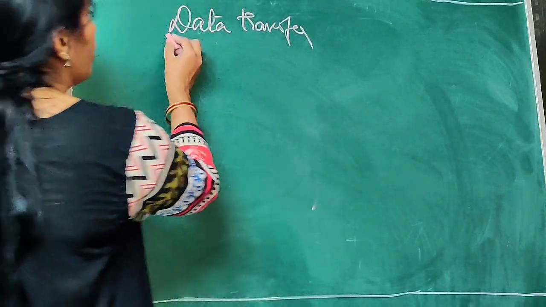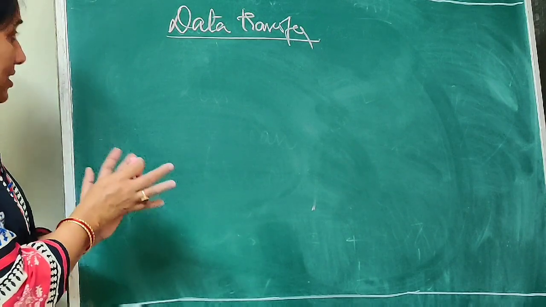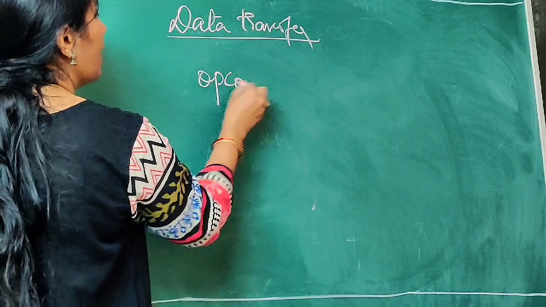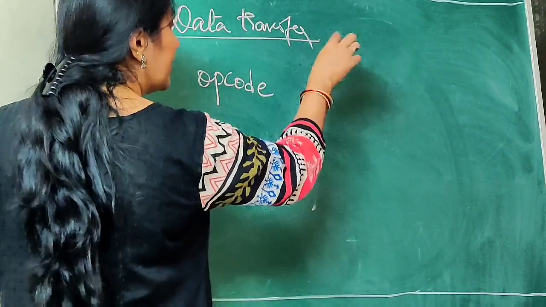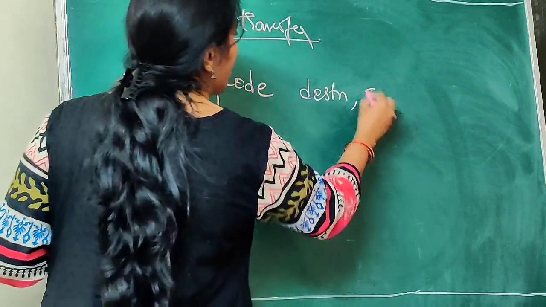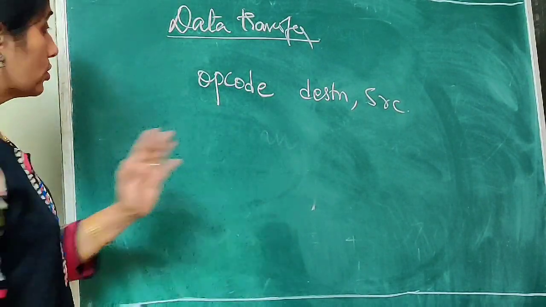If you just recall the instruction format in the 8051, you are going to have the opcode field and the operand field. In the operand field, you are going to have the destination field and then the source field.